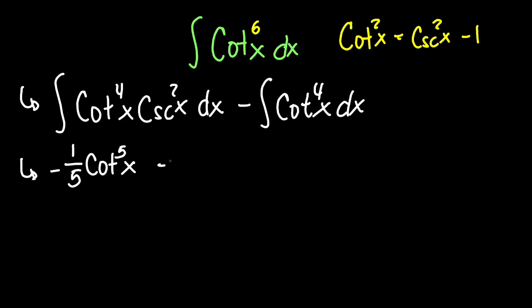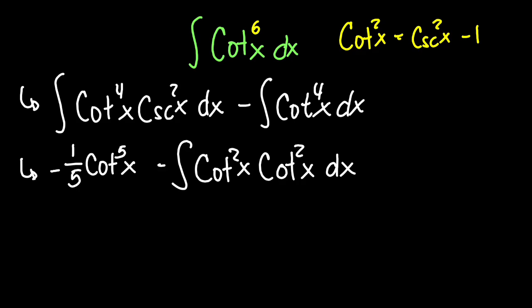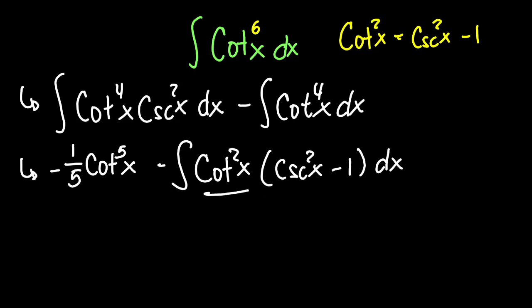So this would be negative integral of cotangent squared of x multiplied by the factored out cotangent squared of x of dx. And once again, transform cotangent squared of x according to its trigonometric identity, and distribute cotangent squared of x among this.